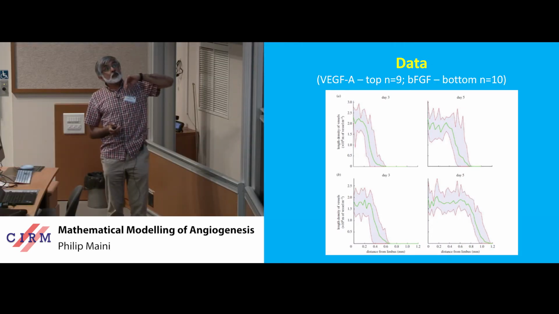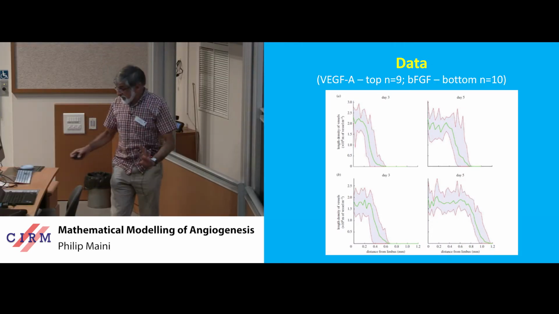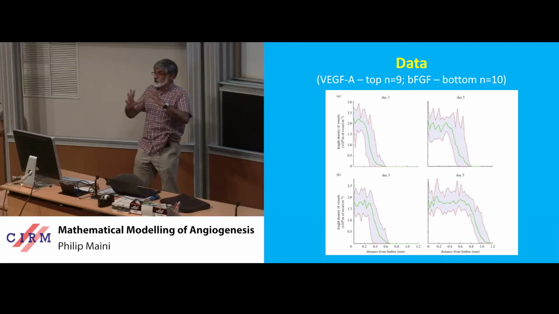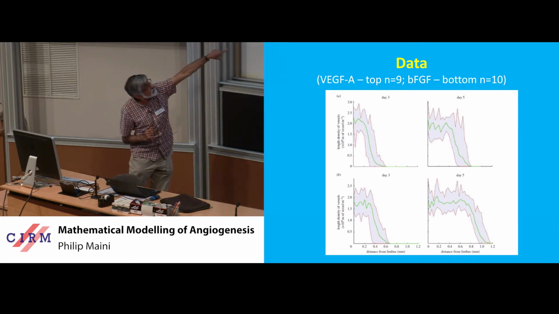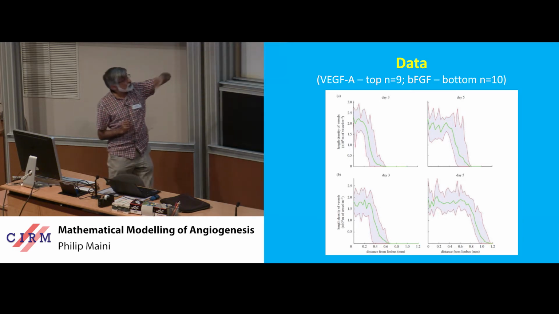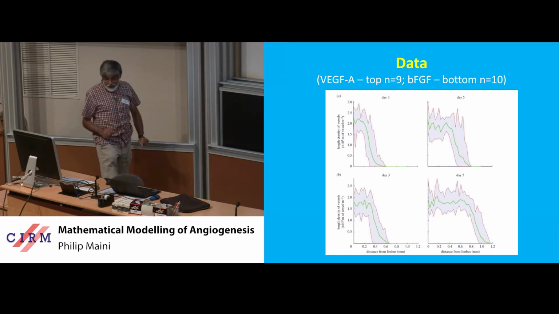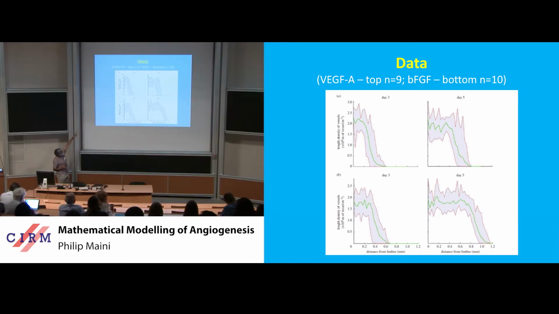So what we can do then is we take the imaging data, and this was done for 9 mice for VEGF-A, 10 mice for the FGF. And then basically the green line is the average of the data at day 3 and at day 5.